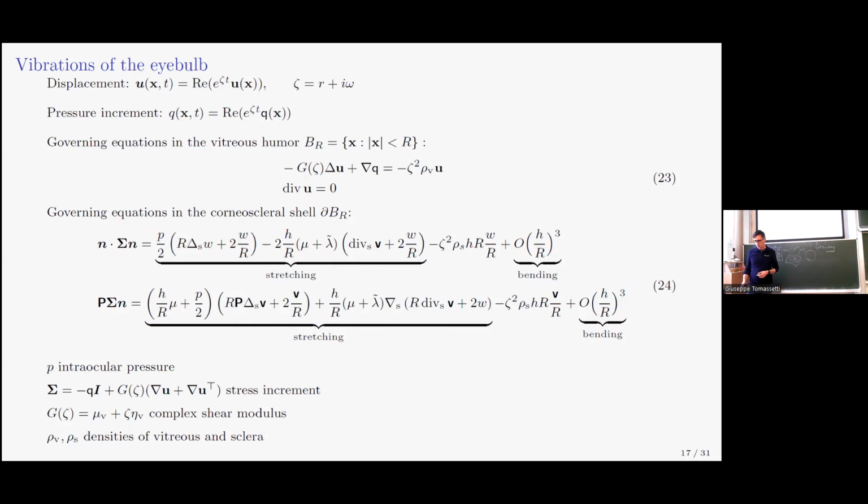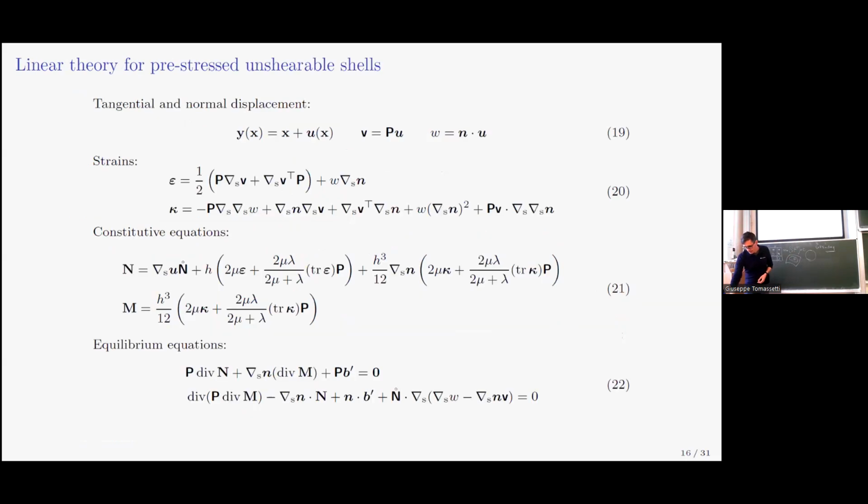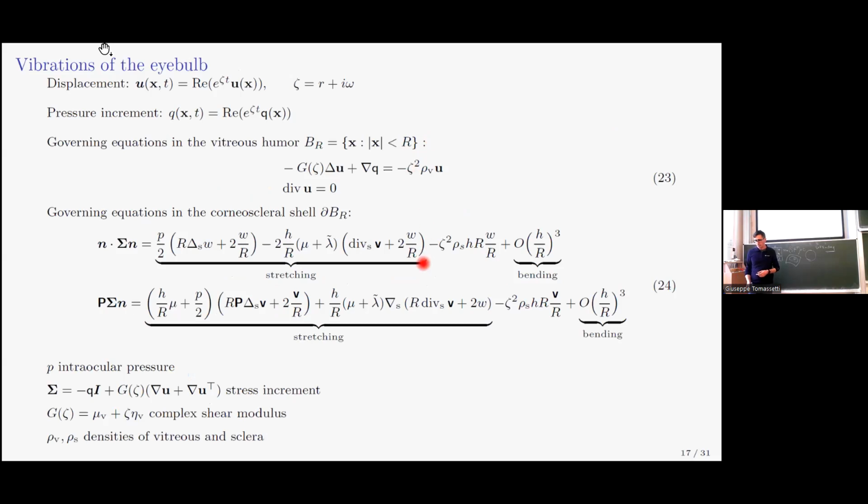So suppose that you take those equilibrium equations and you substitute the constitutive equations into this. So you get a set of partial differential equations in the unknowns v and w. Okay? And those hold at the boundary. So these partial differential equations essentially contain these terms.